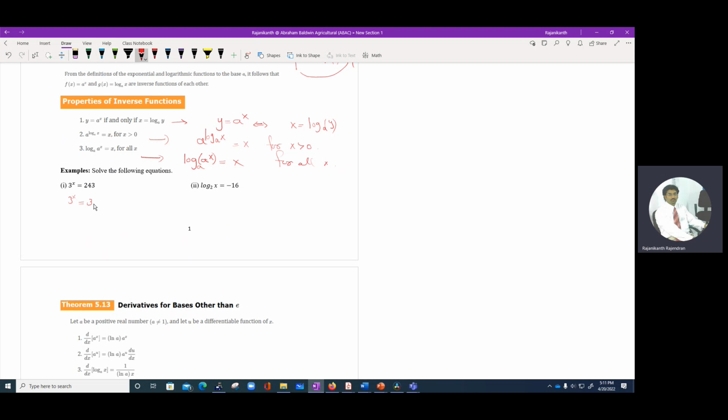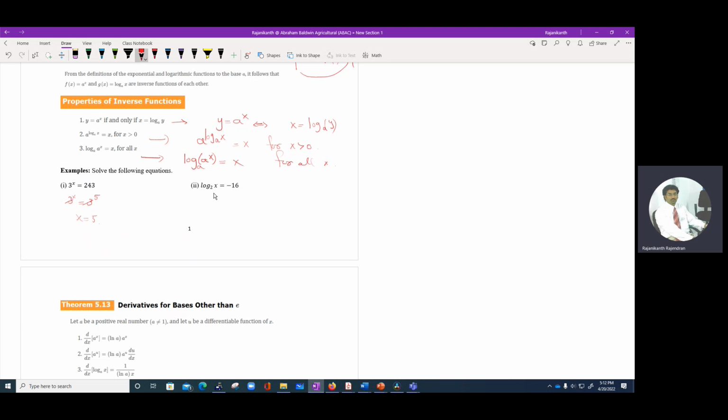In other words, can I write 3 to the power something which is equal to 243? Yes, 3 to the power 3 is 27, 3 to the power 4 is 81, and 3 to the power 5 is 243, right? So this is easy. You could cancel both sides of 3, and this will give you x is 5.